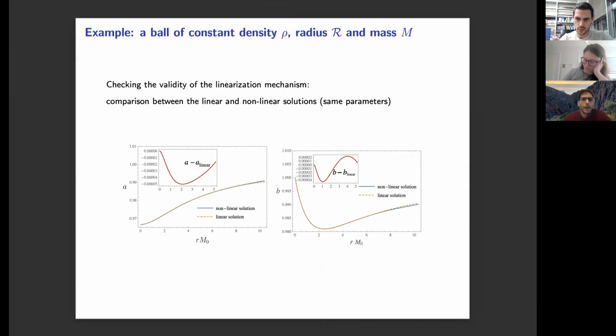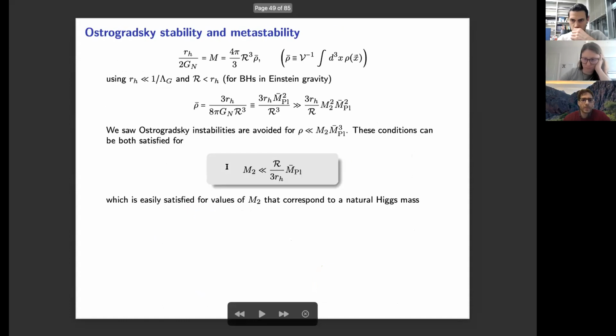Okay, so these plots also show you that the linearization mechanism takes place because we are comparing essentially the linear theory with the nonlinear solutions, and we are finding a very good agreement between the two. So the linearization mechanism holds.